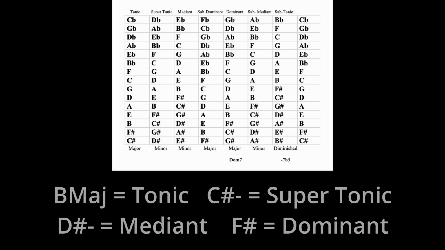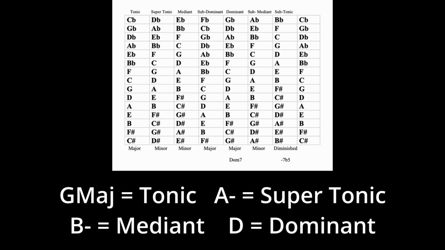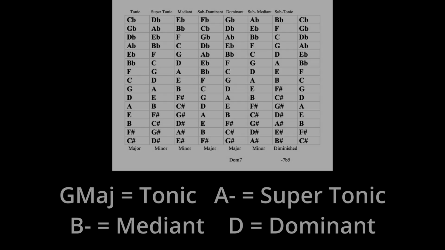In the key of B, B major is the tonic chord, C sharp minor is the supertonic chord, D sharp minor is the median chord, and F sharp major is the dominant chord. In the key of G, G major is the tonic chord, A minor is the supertonic chord, B minor is the median chord, and D major is the dominant chord.